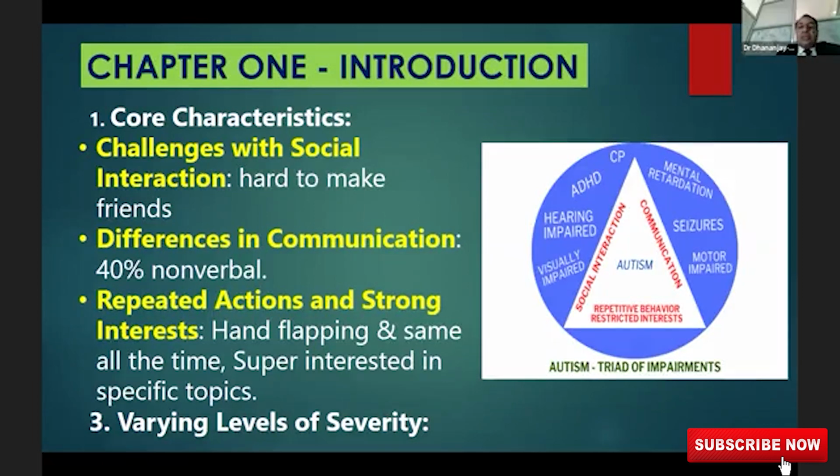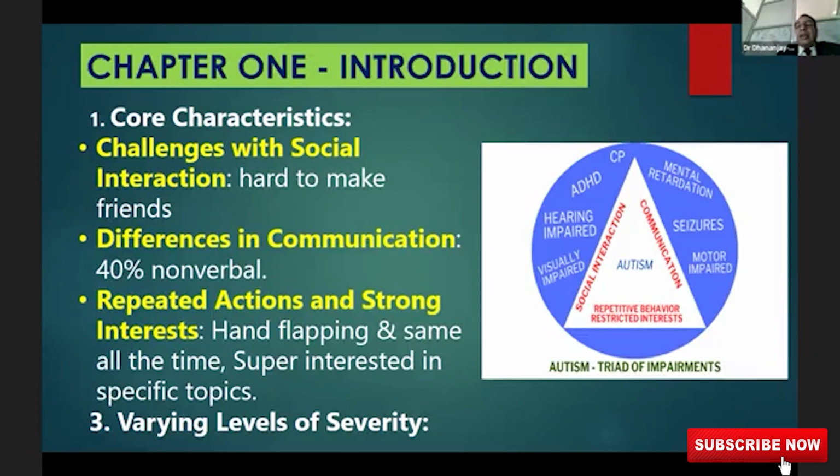In the first chapter I have discussed the triad of autism. That is social interaction: the child feels alone and tries to be alone, not mingling with other children or peer groups. Communication challenges, like speech delay or not being able to communicate basic needs.